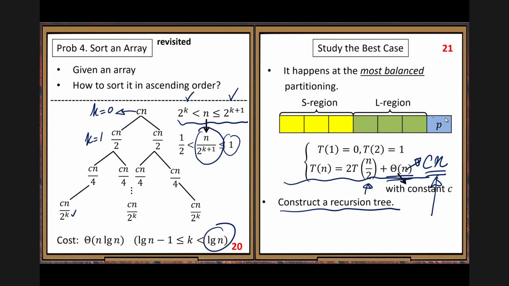For the average case, if you really want to estimate, there is still some way.